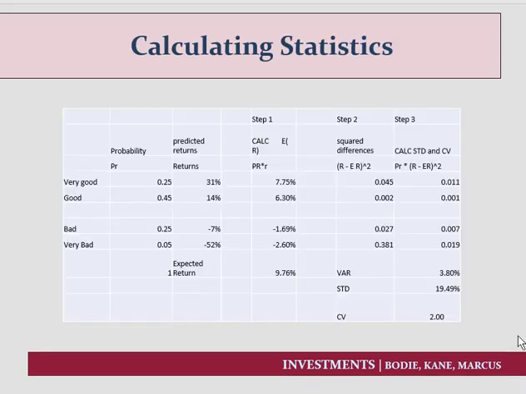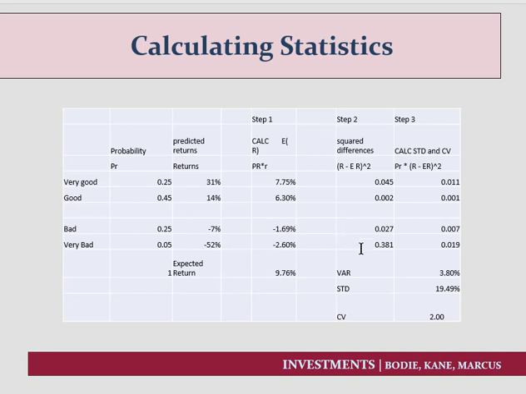In this slide, I just want to spend a brief minute talking about how we come up with these numbers on a spreadsheet. So here we have the probabilities, here are the returns, and here I have formulas. It's the probability times the return. So you do that for all the events, and then the expected return is the sum of this column, 9.76%.